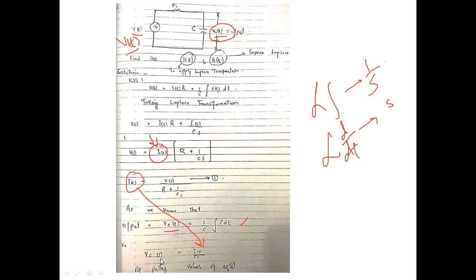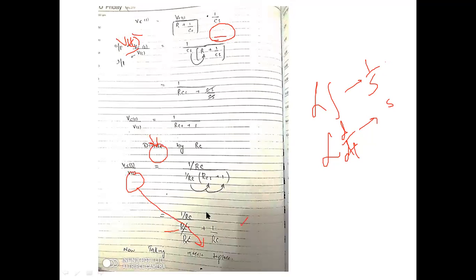So this is VC, this is VS. Now the Laplace transformation VC of S over V of S is equal to this. Multiplying by CS to solve the bracket, we will get 1 over RCS plus CS over CS will cancel out. We will get 1 plus RCS.